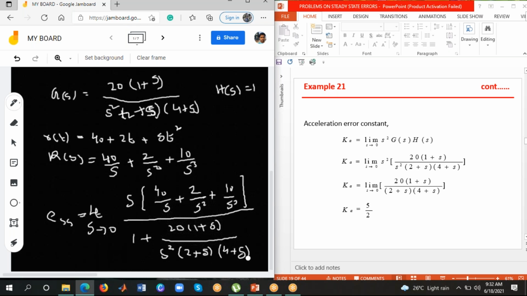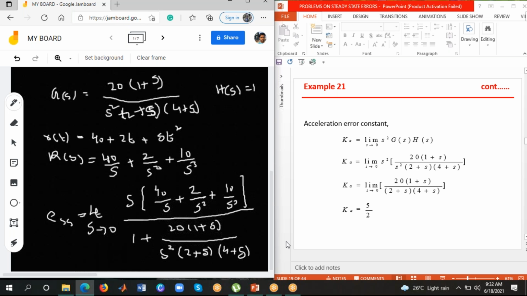Then find the value of ESS. So first take 1 by s common from this numerator. Doing so, we get 40 plus 2 by s plus 10 by s square.